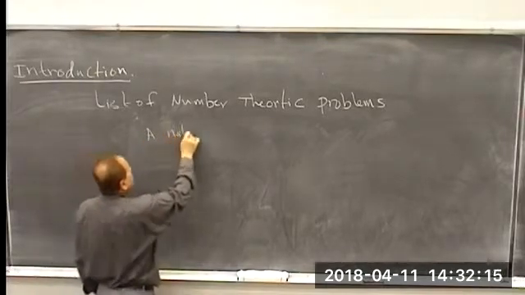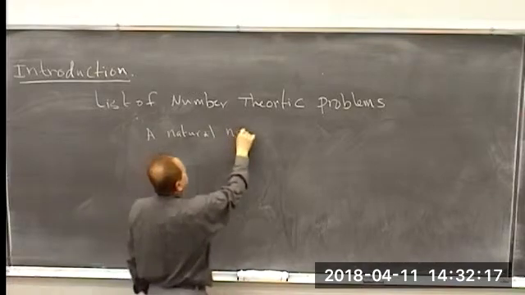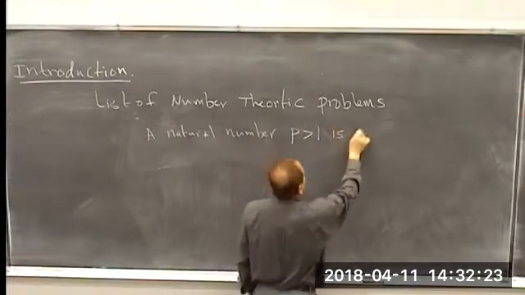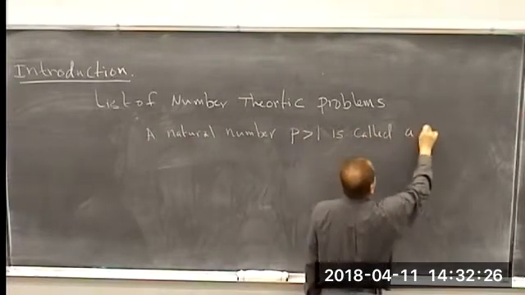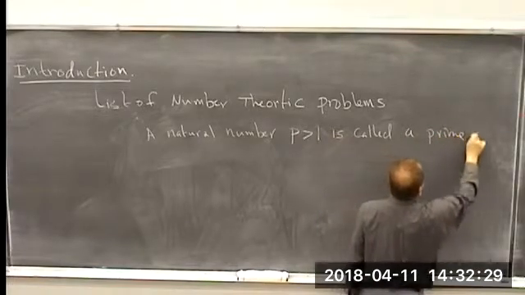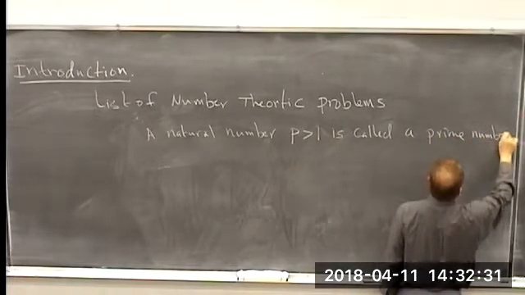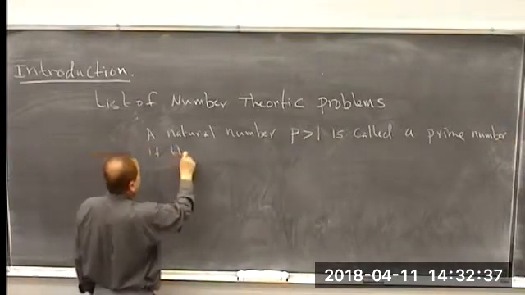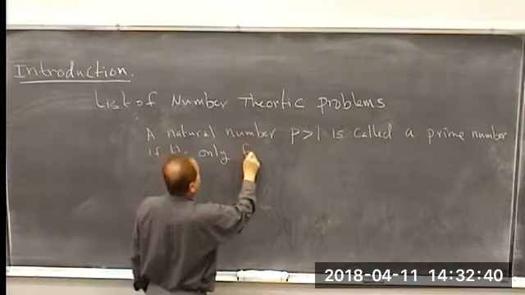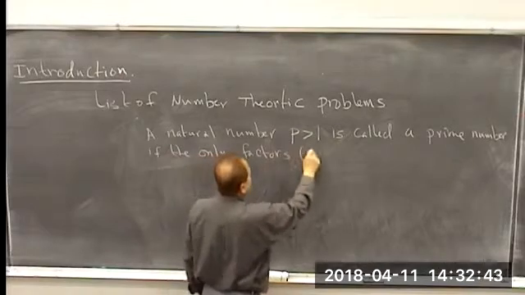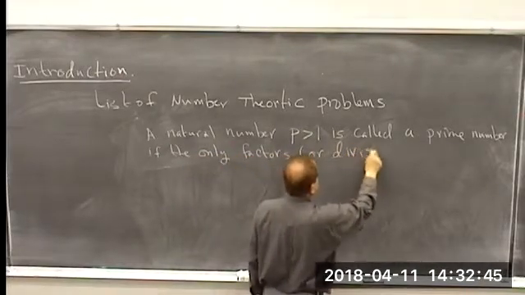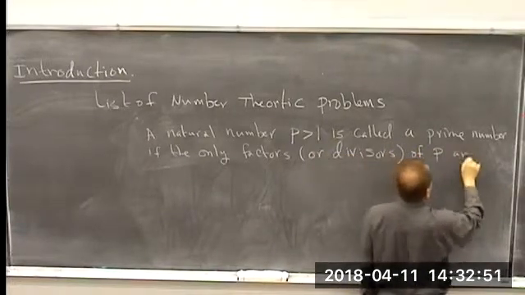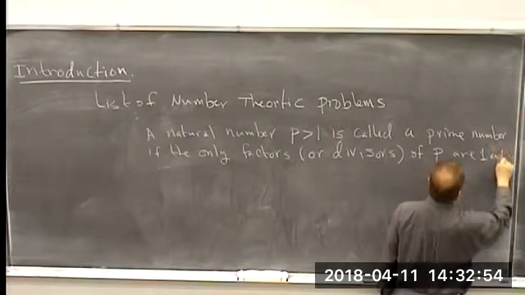A natural number p bigger than 1 is called a prime number if the only factors or divisors of p are 1 and p itself.